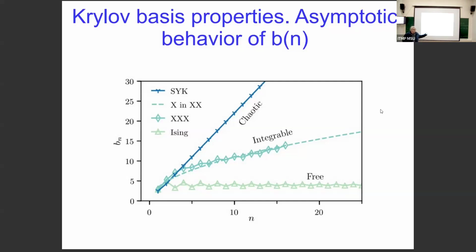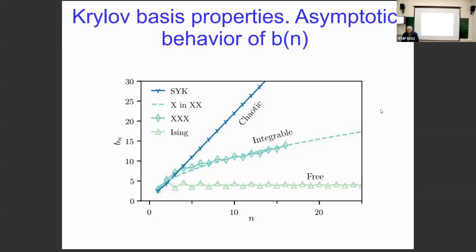It can be shown that the behavior of the Lanczos coefficient can be mapped to the behavior of the spectral form factors. Yeah, true, it's asymptotic. It's the asymptotic behavior at very large n. So in the intermediate situation, we could have a different function.